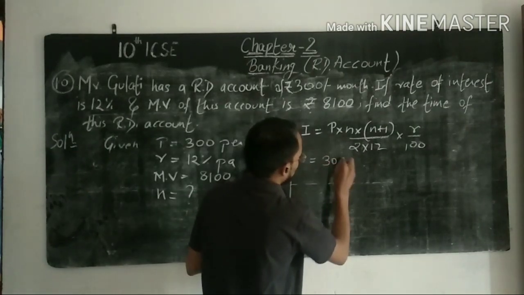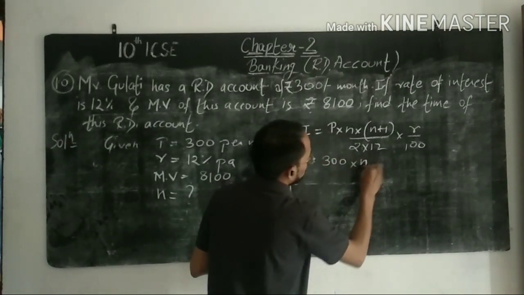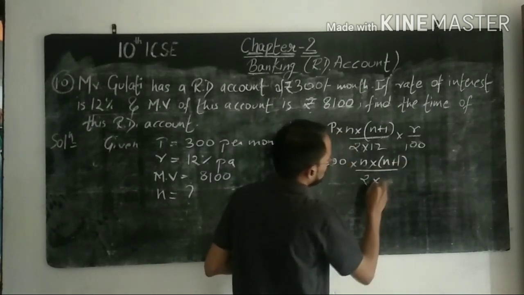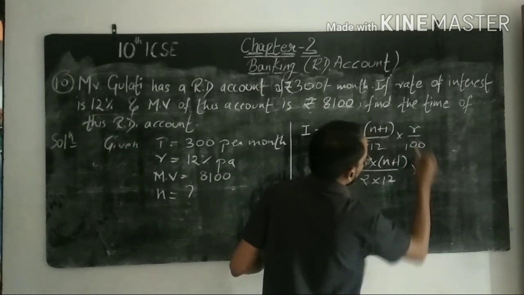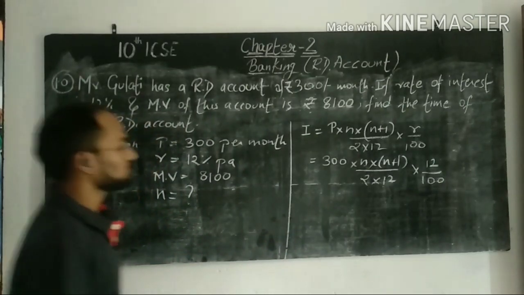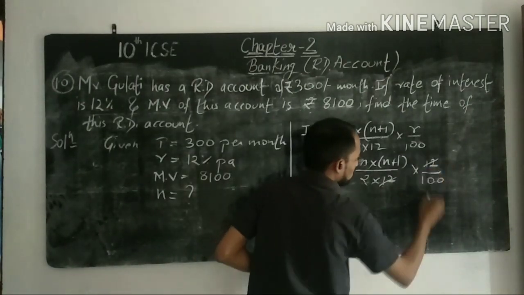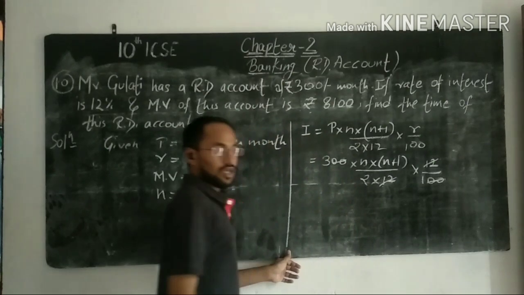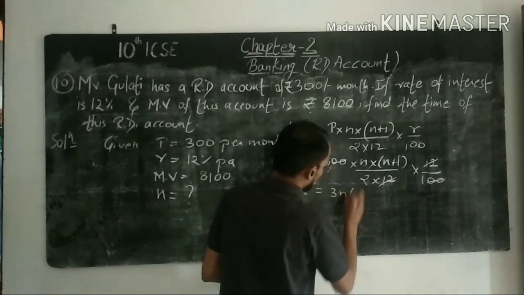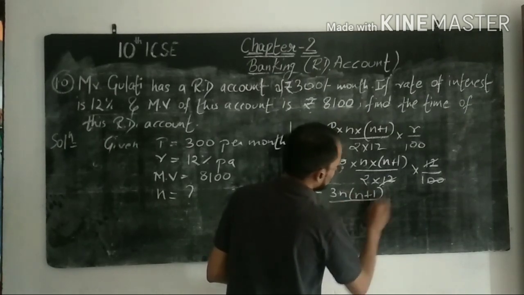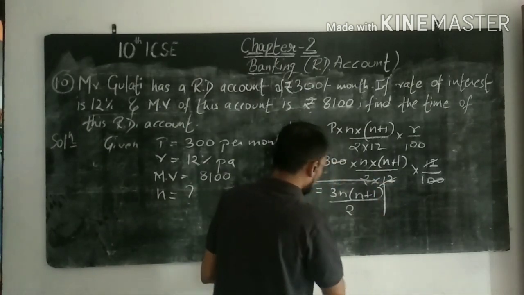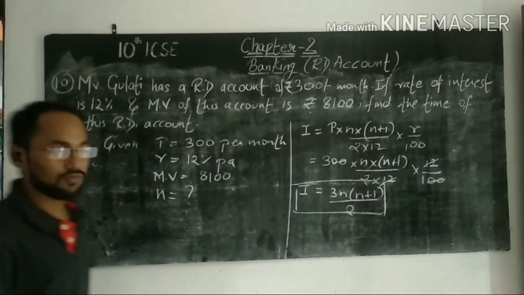On putting the values, we have n into n plus 1 over 2 into 12, and R value is 12 over 100. So 12 cancels this 12 and these two zeros cancel these two zeros. So we have I equals 3n into n plus 1 divided by 2. The value of I we use in the maturity value formula.